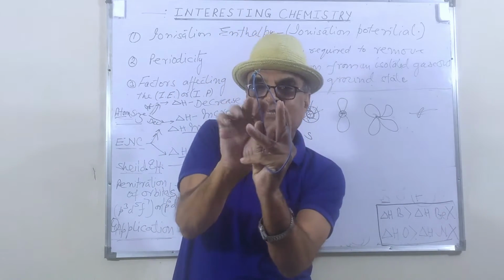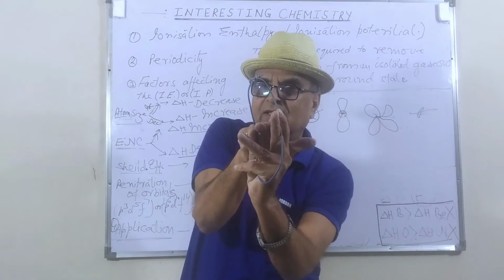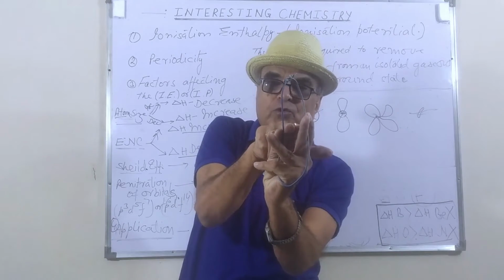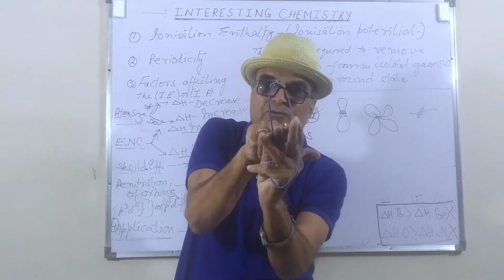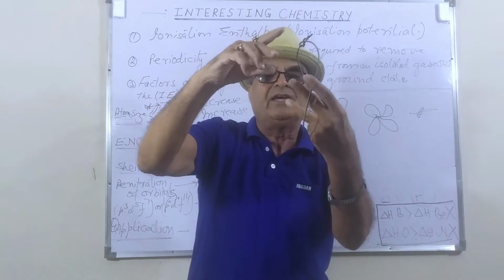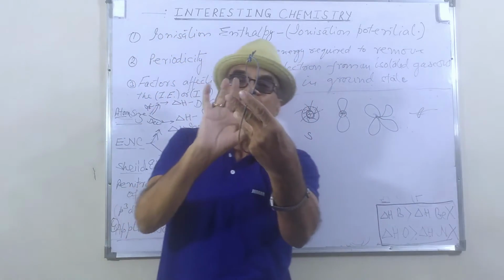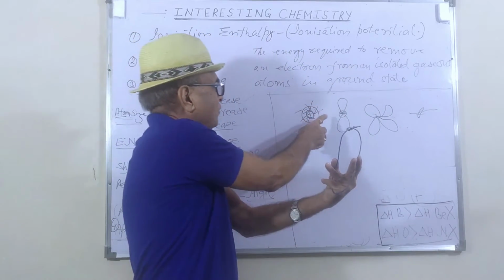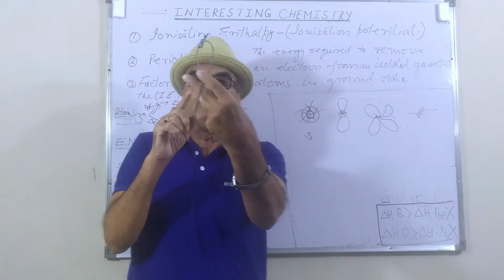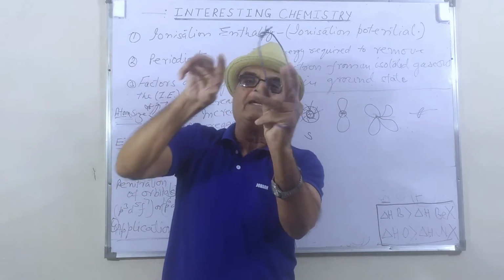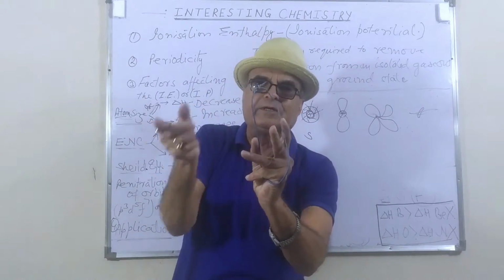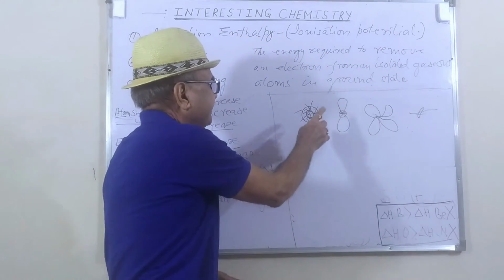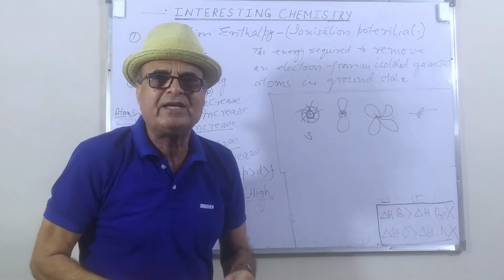This is the path of the electron that will revolve around this structure. But there is a difference in the path. Where I am showing you the place of my two fingers, this is the place of the nucleus. You will draw the diagram this way, but there is a space between the two lobes of the orbital. So please always visualize this.